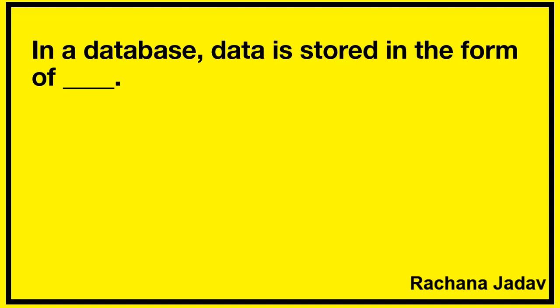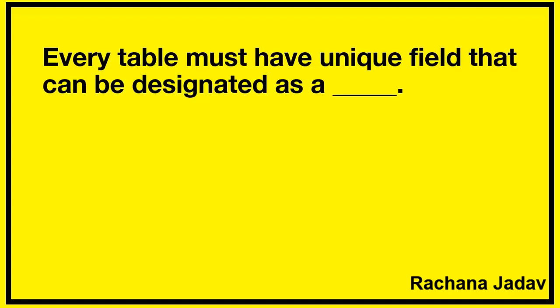In a database, data is stored in the form of a table. Without the table it is not going to work, right? We need the table. Without the table a database cannot be made. Like if you want to create a form or report, you need the table at the first. Every table must have a unique field that can be designated as a primary key.